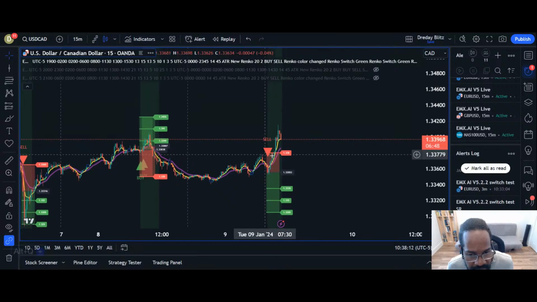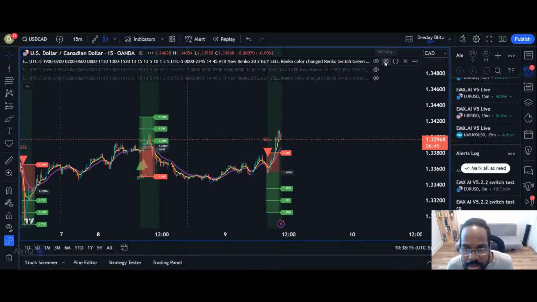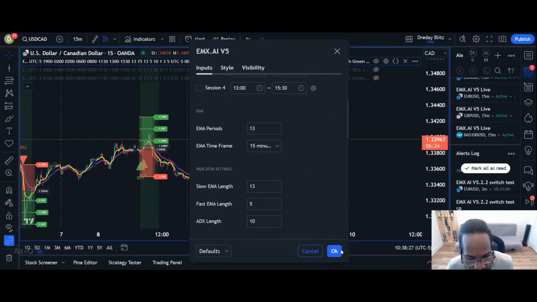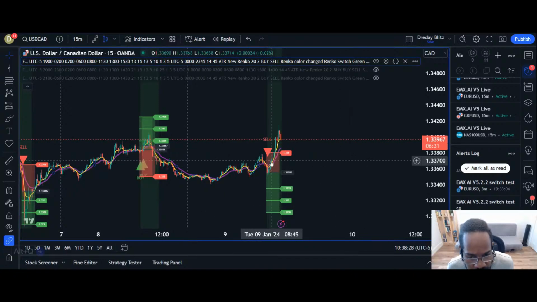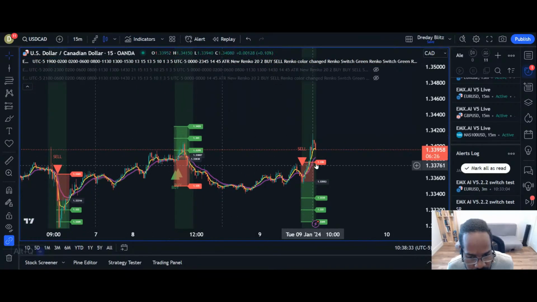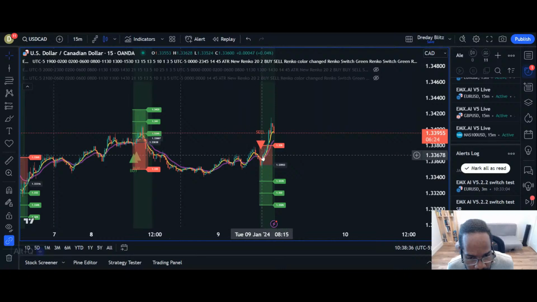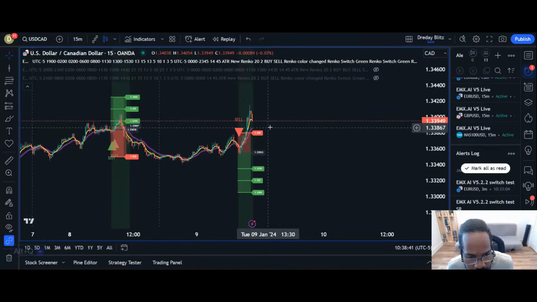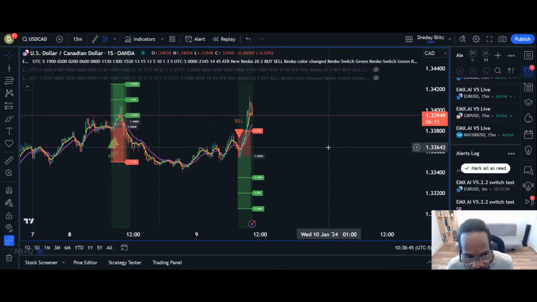So if you go on US CAD and you have this session open here, 8 a.m. until 11:30 a.m., with the same settings that you have, that's what you should expect to have. You should see a sell, but the market went up. So this is the current setup here on version 5.